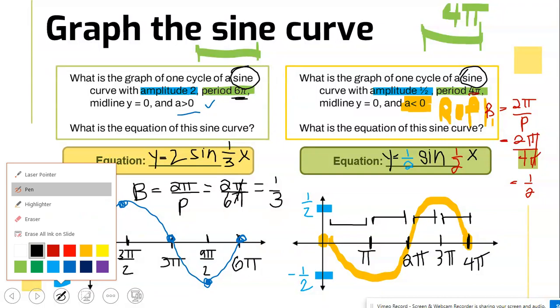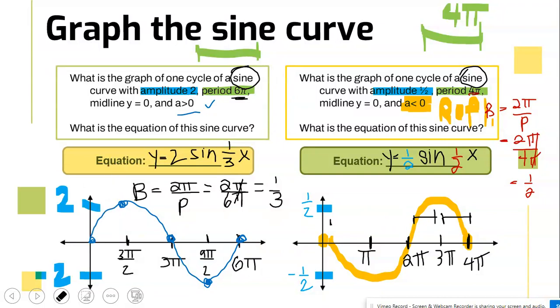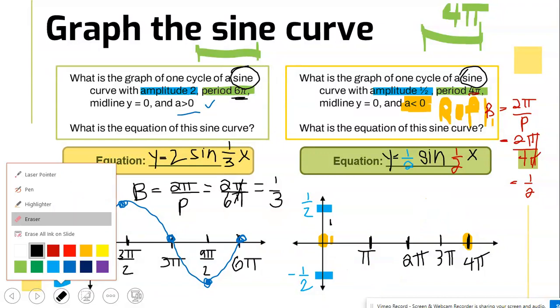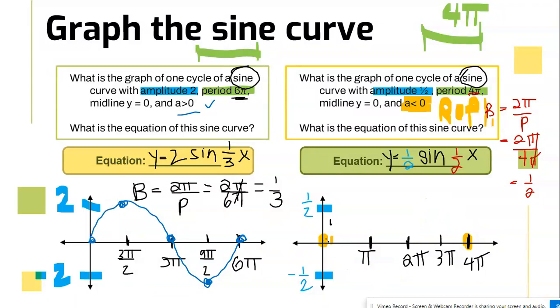And our graph, I kind of already have a little bit of a sketch there. But you can see that if a is less than 1, it is going to be reflected across the x-axis. So we're going to go down here. We're going to come back to 0. We're going to go up to 1/2 and back down to 0. And so this is what our graph looks like for this one.